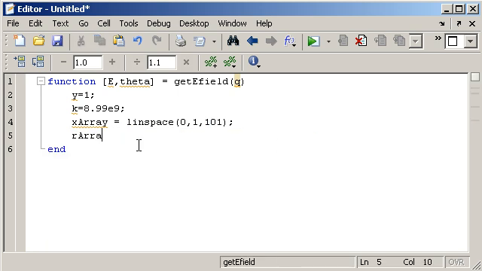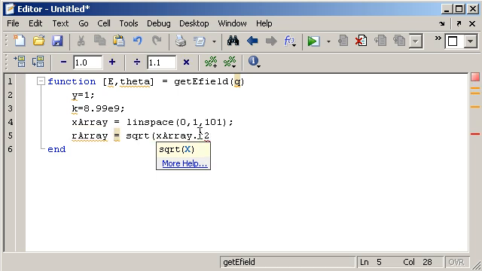R array is equal to the square root of X array dot to the power of 2.